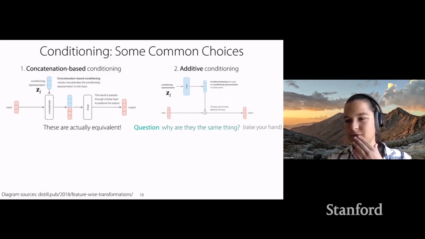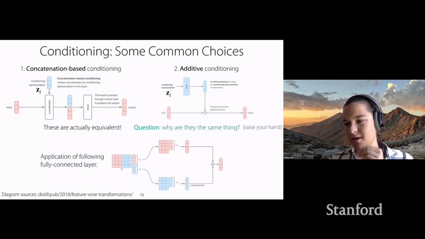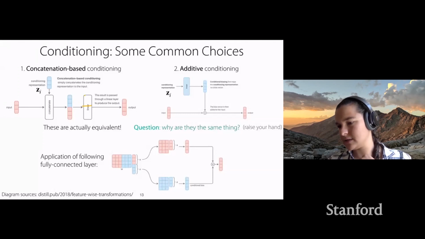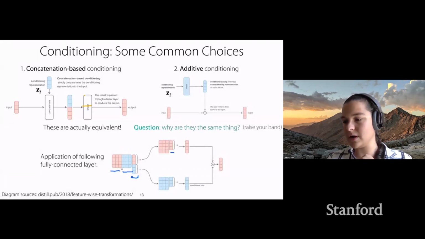Yeah, exactly. So kind of visually, you can essentially view this linear layer as the same as the weights of half of this linear layer right here. If you take the concatenated version and apply the fully connected layer right after that, what that looks like is taking this half of the matrix and applying that to the first half of the vector, which was the input, and taking this half of the weight matrix and applying that to the ZI right here.